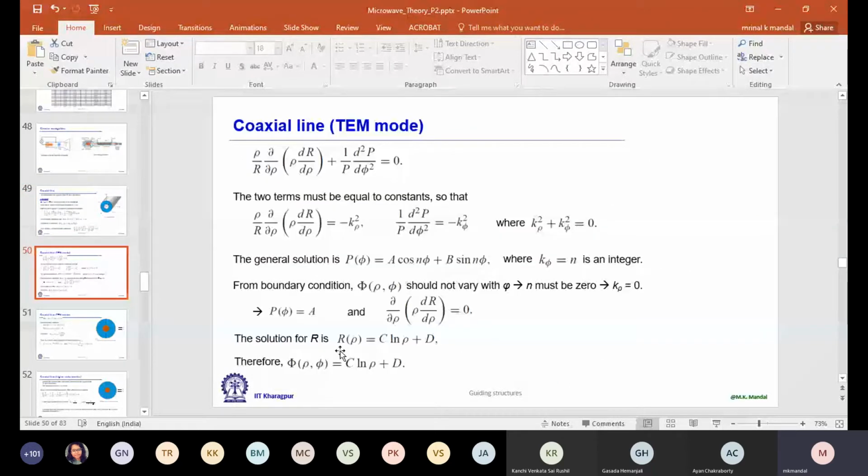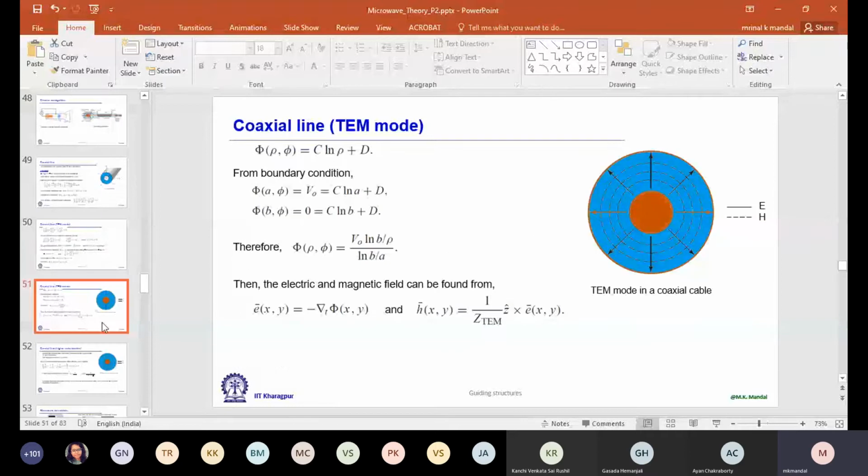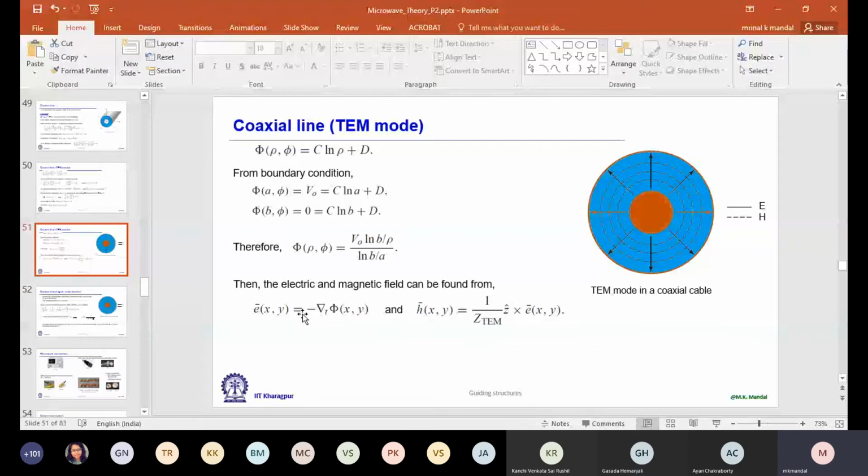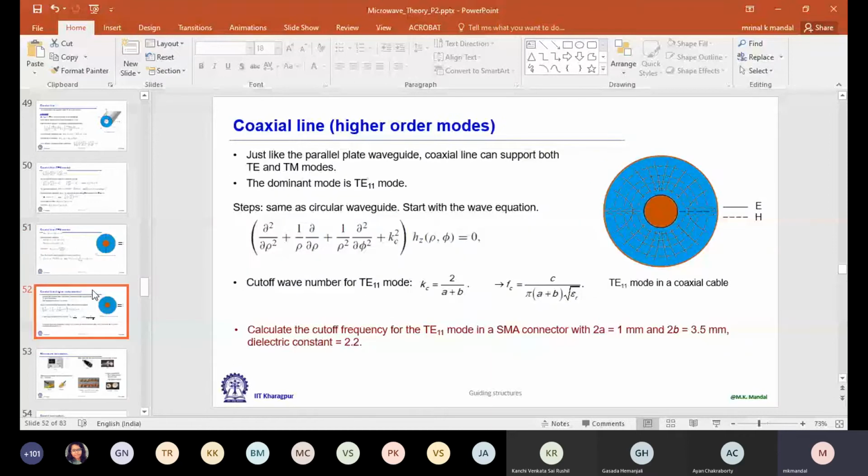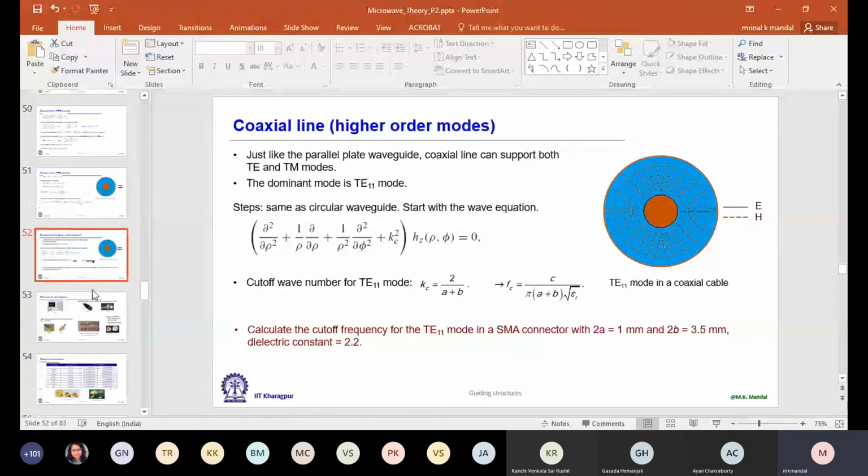This is written here, but this time I'm not covering it. You see, the boundary conditions are put here. Then we found the expressions for the electric potential and then the electric field and magnetic field, just like how we did for the parallel plate waveguide. Same steps. The only thing different is the geometry.